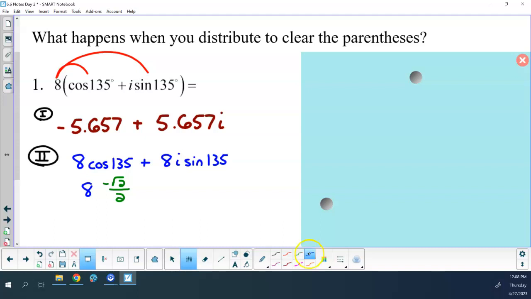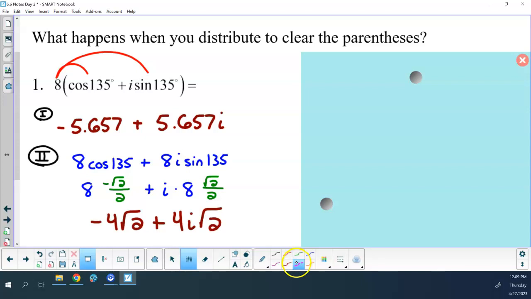Sine at 135 degrees? Square root 2 over 2. Trust me, guys, class will go a lot smoother if you participate. Okay? I'm never going to give you an answer that I don't think you know the answer to, or give you a question that you don't know the answer to. 8 divided by 2. 4.